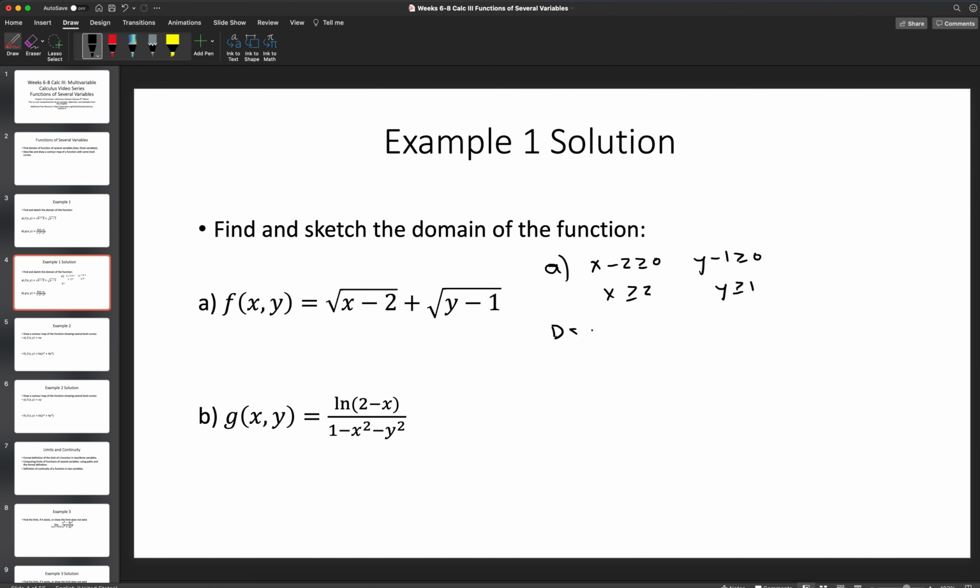So to write the domain D, it's the set of ordered pairs (x, y) such that x is greater than or equal to 2 and y is greater than or equal to 1, where x and y are real numbers.